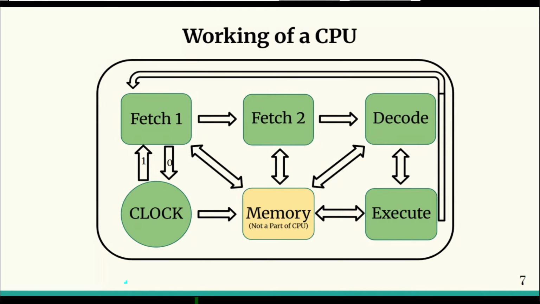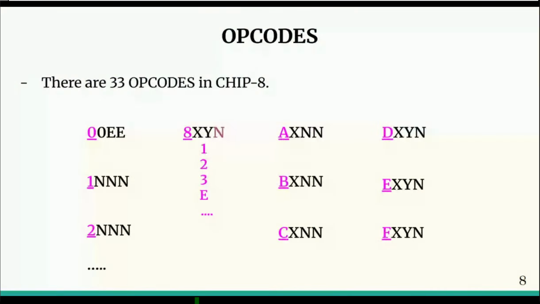And whenever all of this is happening, it is simultaneously connecting to the memory and getting the data from the memory. But our memory is not part of our CPU. It's based outside of the CPU, and memory is 4 kilobytes long. And now let's talk about opcodes. So opcodes are instructions and opcodes are operation codes.